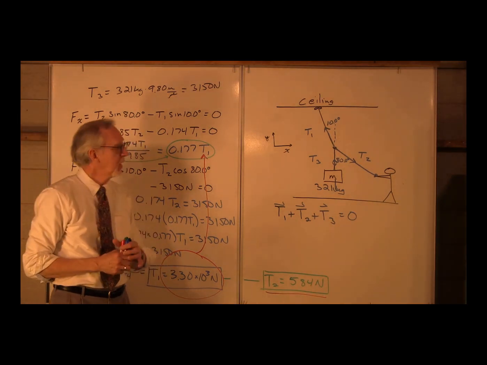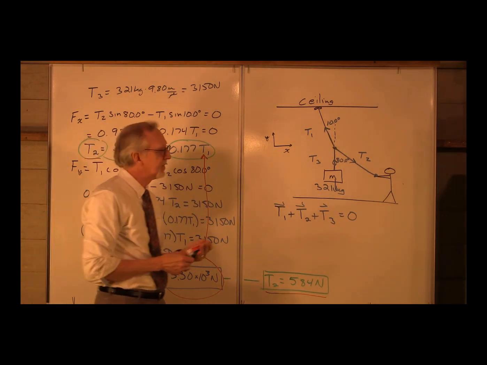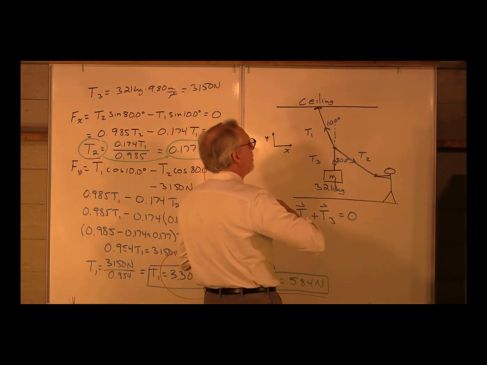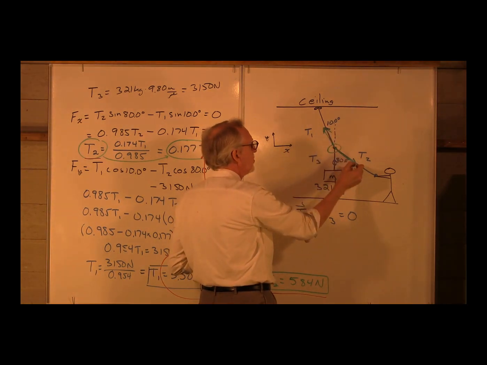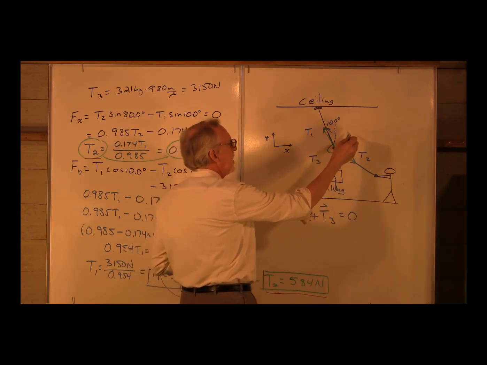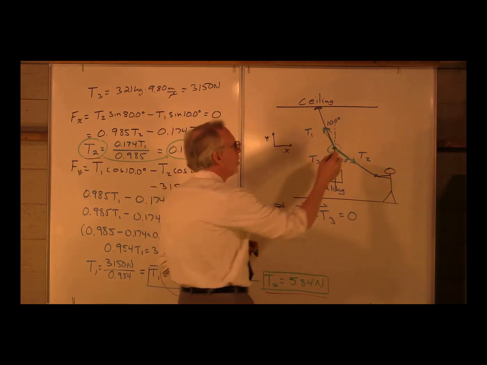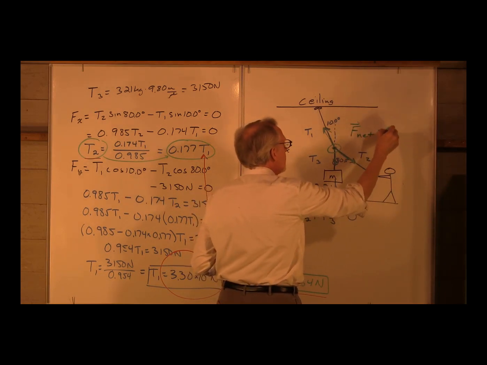Very, very good. By applying Newton's law, F equals ma, to this central point here, because we had all of these forces, T1, T2, T3, all acting together at that point, and it's not moving, we know that the net force acting at that point had to be 0.